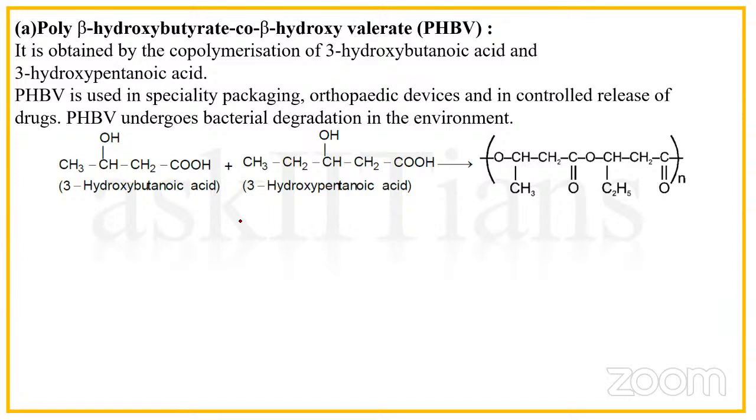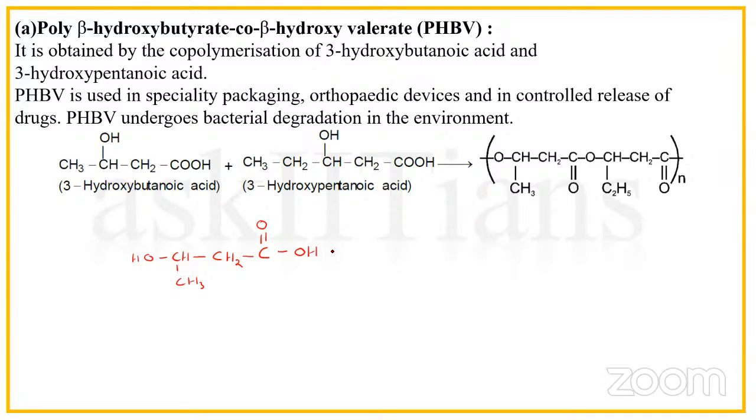I can write 3-hydroxybutanoic acid like this: C double bond O, OH, CH2, CH, OH here, and CH3. In a similar manner, I am writing 3-hydroxypentanoic acid.